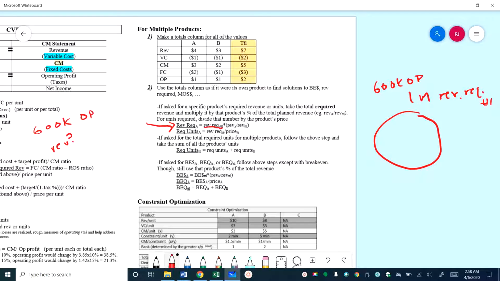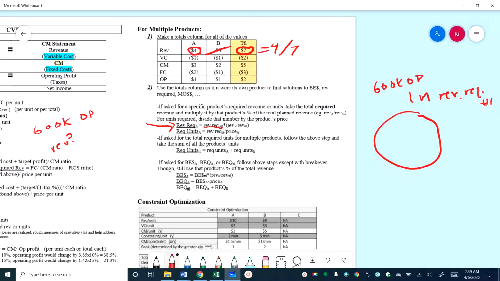Now, to figure out what portion of this revenue A needs to account for, you simply do this. Look at the initial revenue in the income statements that A made, and then just simply divide that by the total amount of revenue to figure out what percent of the revenue A contributes to. So in this case, A contributes 4 out of the 7 revenue. So for every $7 in revenue you make, A contributes around 4 of those.